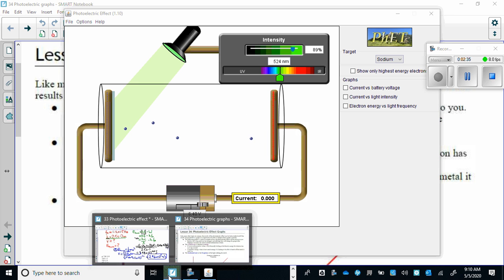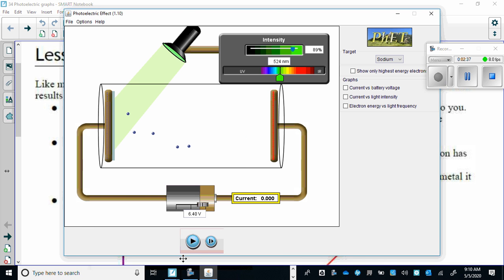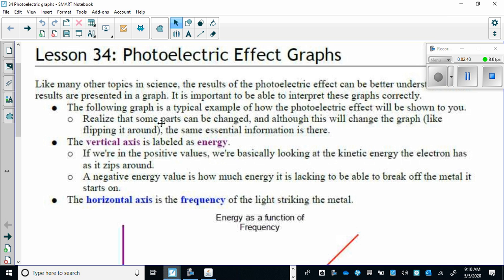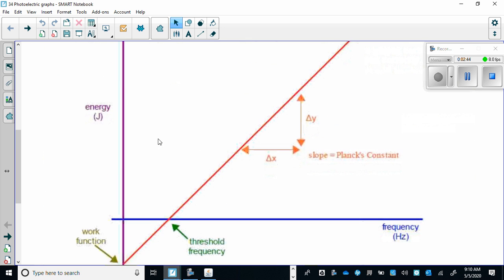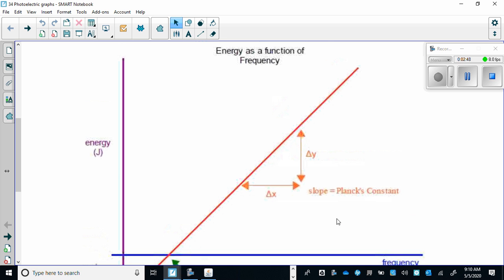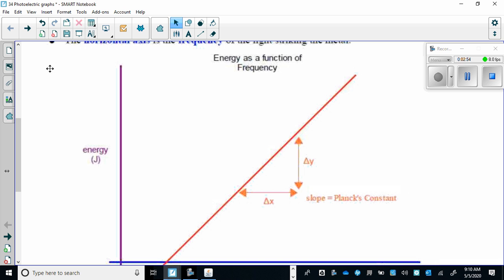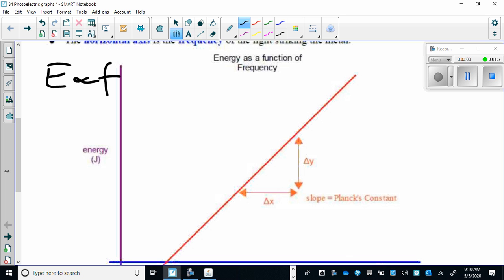Which brings us to, let's pause that, photoelectric effect graphs. The graph that we're going to be dealing with is the relationship between energy and frequency. And we just said that the energy is directly proportional to the frequency. So if we increase the frequency, we will increase the energy of these emitted electrons.